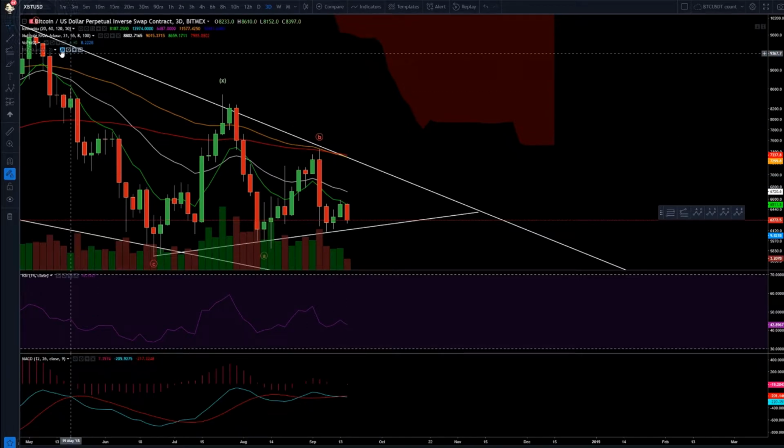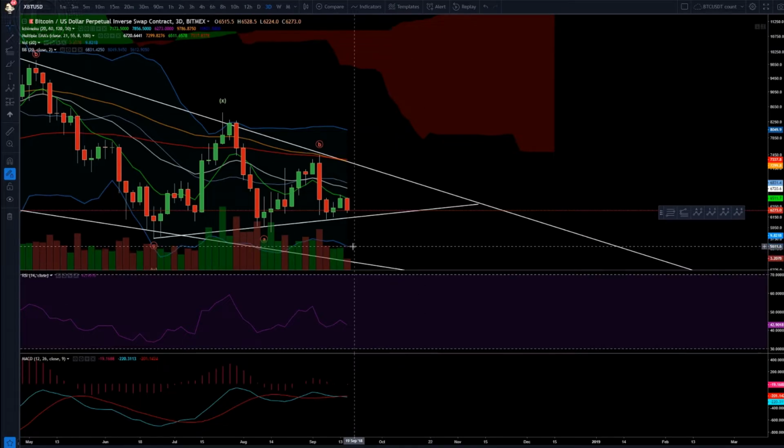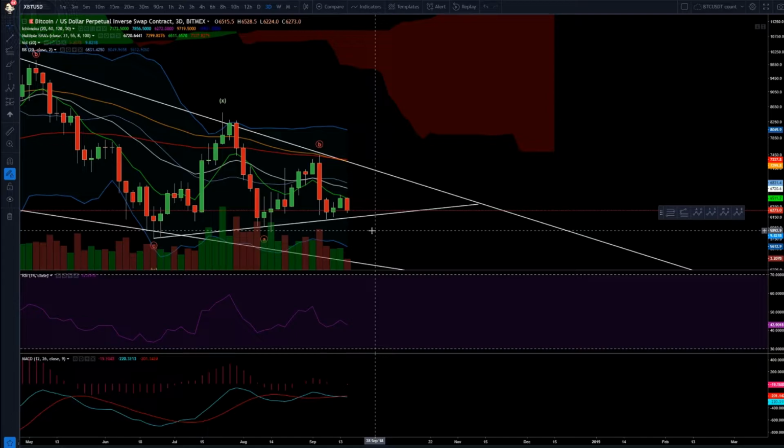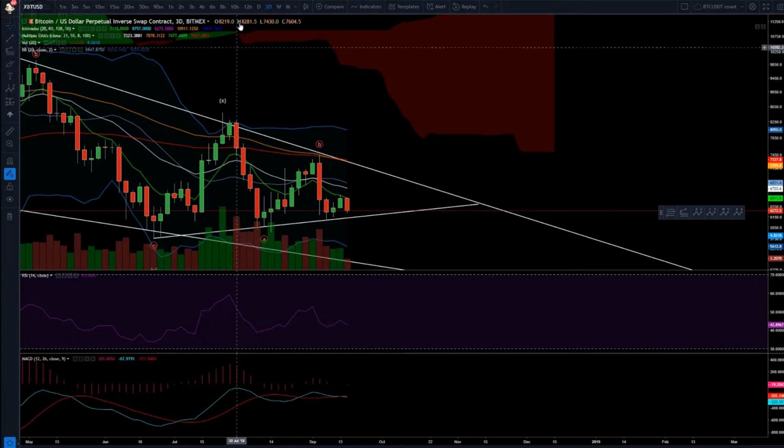Now we're going to look at some Bollinger Bands here. So the 3 day Bollinger, where is that at? It's at 5.6 as well. So it shows me 5.6 is very reasonable for us to eventually go to. 3 day is a big time frame, so it will take some time.